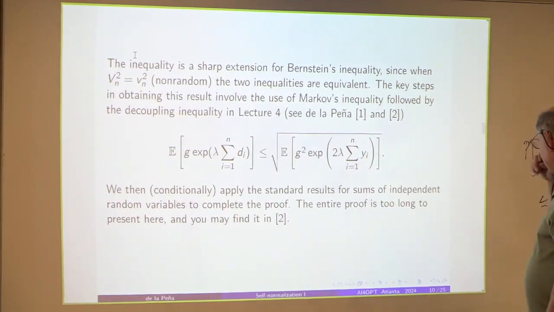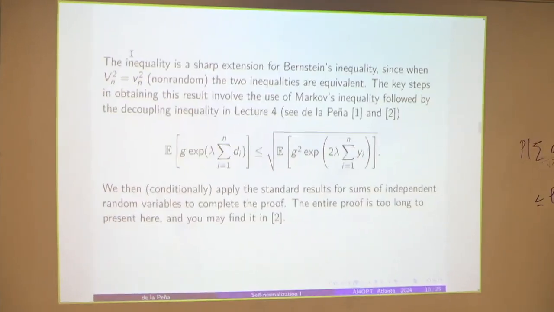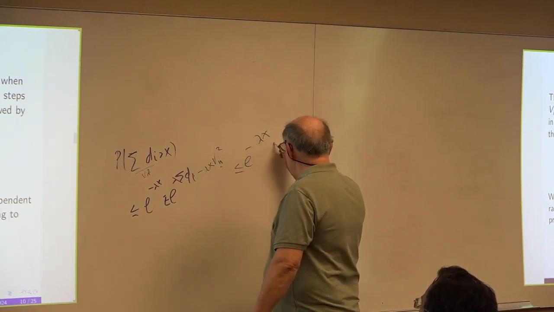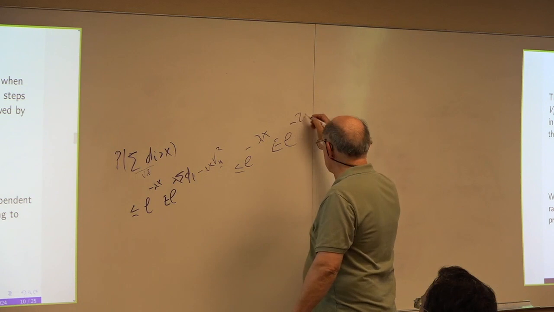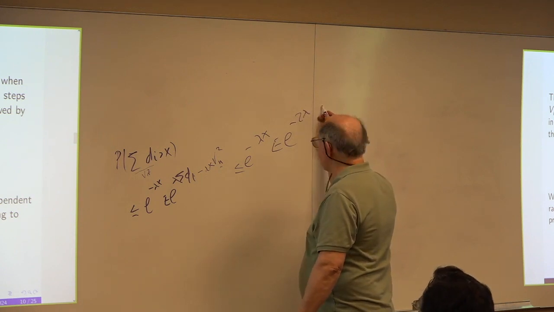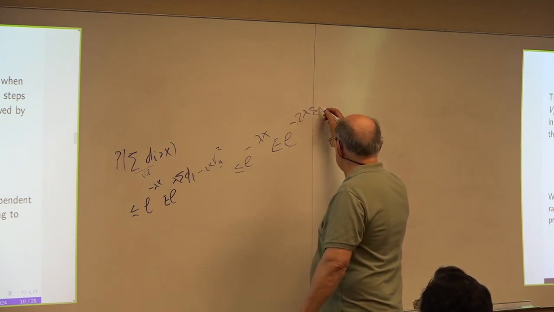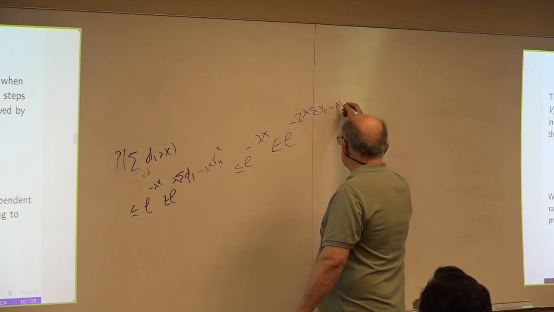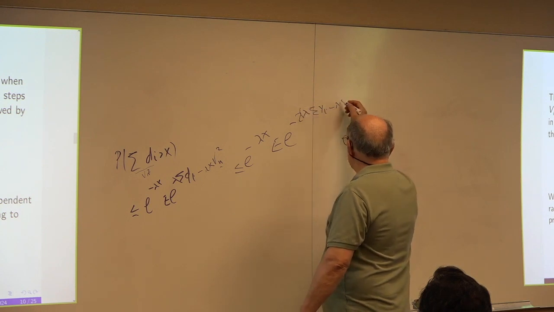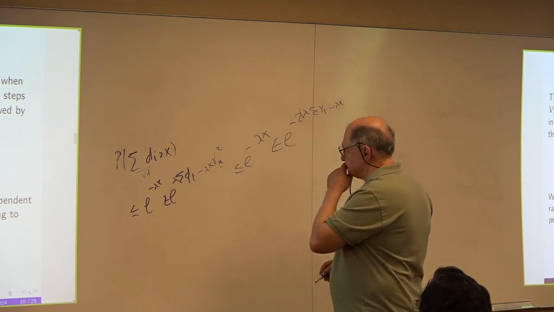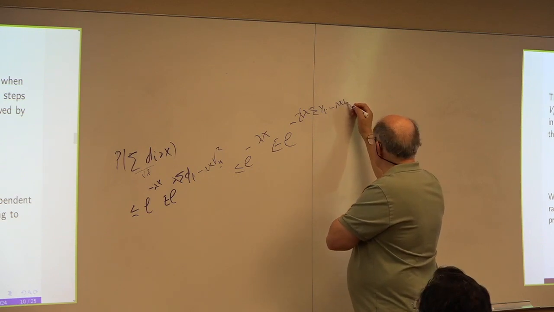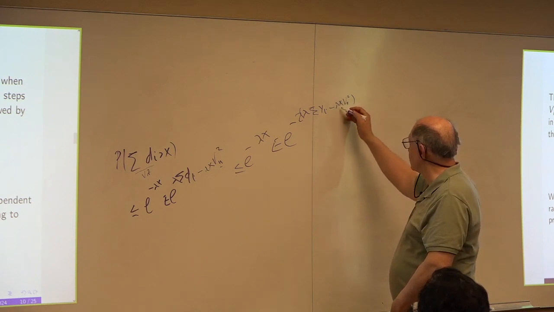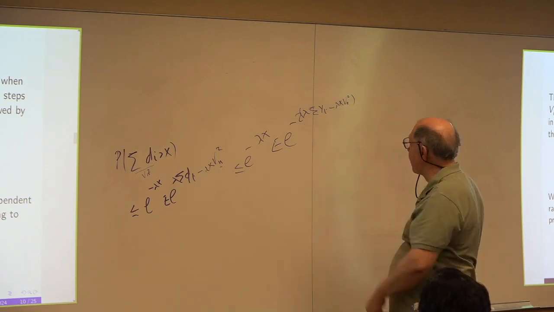So the decoupling then becomes the expected value of e to the minus lambda x times the expected value of e to the minus 2 lambda summation of y_i minus lambda x V_n squared. Because that's twice, so that's a square.